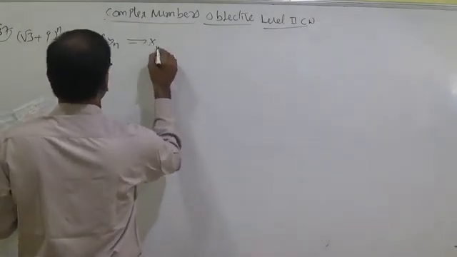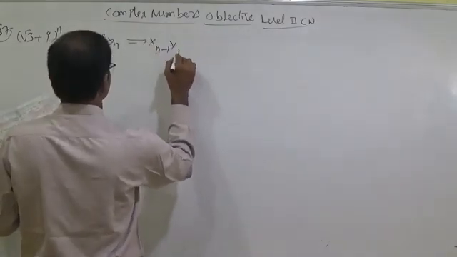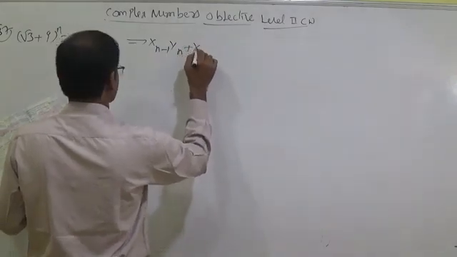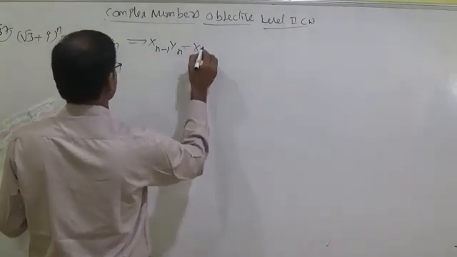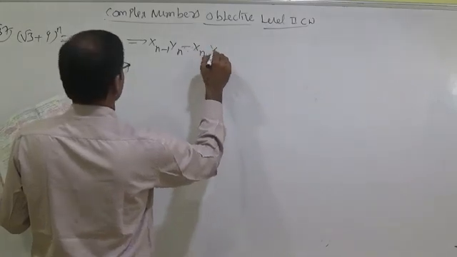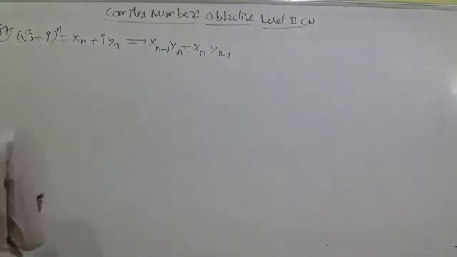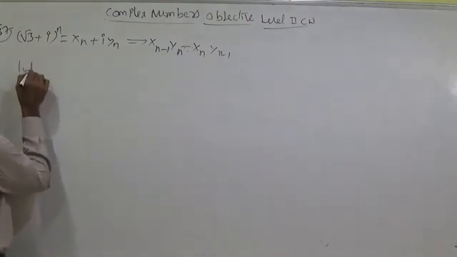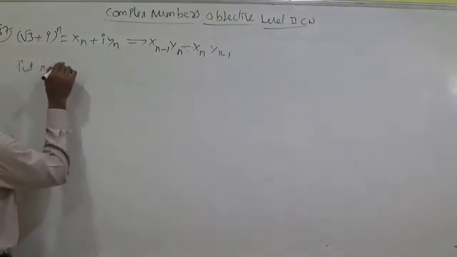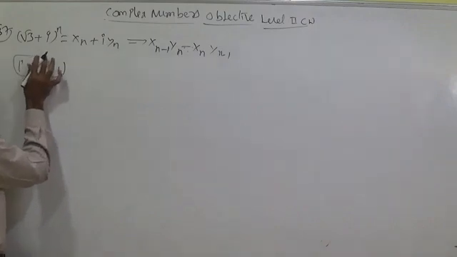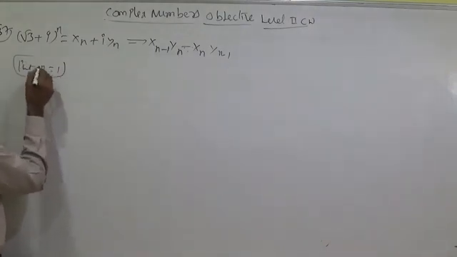Then find the value of x n minus 1 y n minus x n y n minus 1. Whenever he has given n is a positive integer, directly I am telling you to put n is equal to 1. Whenever you put n is equal to 1, then calculate the value.